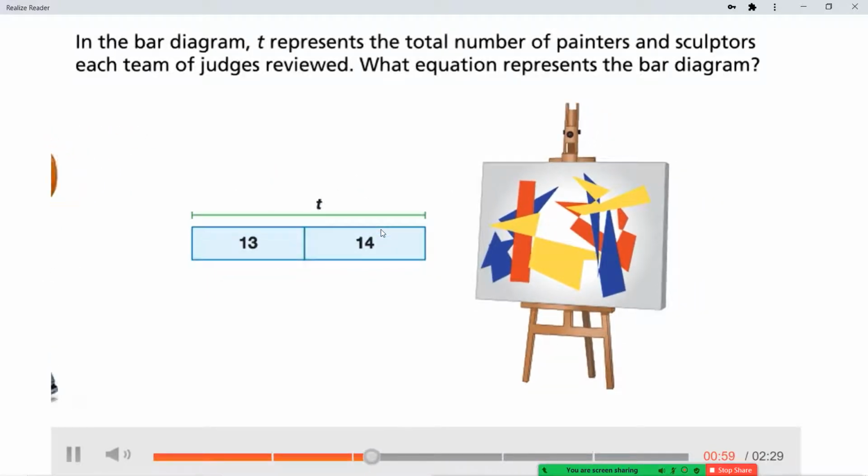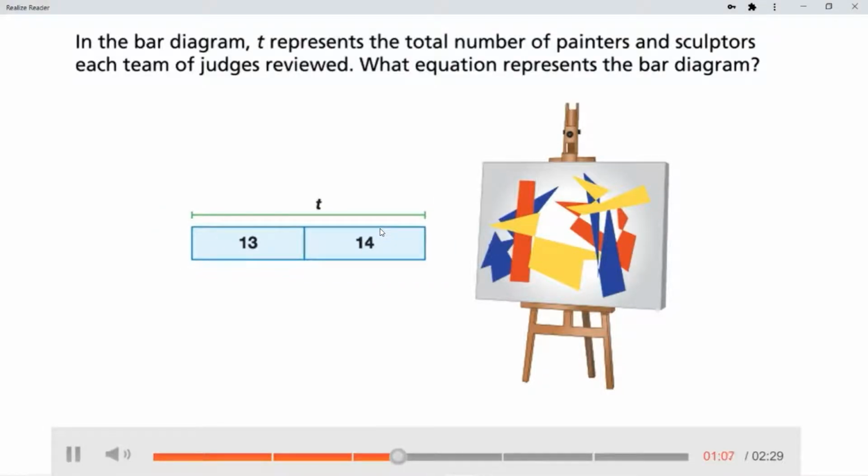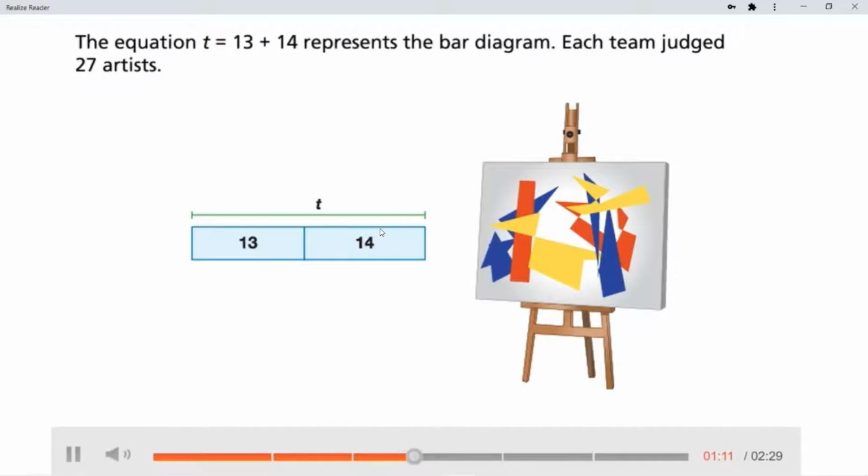In the bar diagram, T represents the total number of painters and sculptors each team of judges reviewed. What equation represents the bar diagram? The equation T equals 13 plus 14 represents the bar diagram. Each team judged 27 artists.